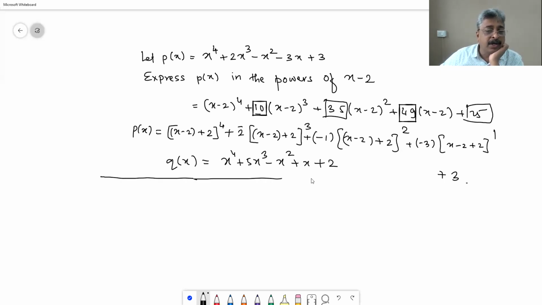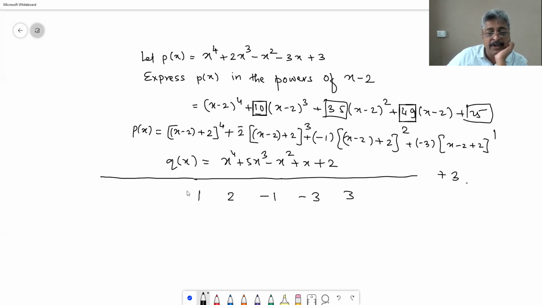A better method: maybe we learned synthetic division. We write the coefficients 1, 2, minus 1, minus 3 and 3, and divide by x minus 2, so we write 2 here.